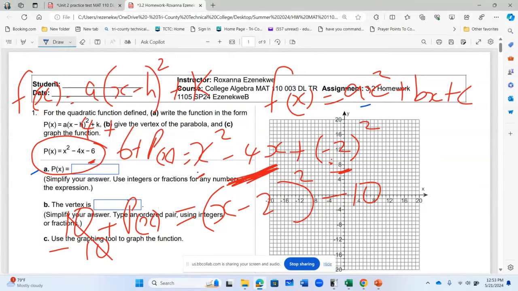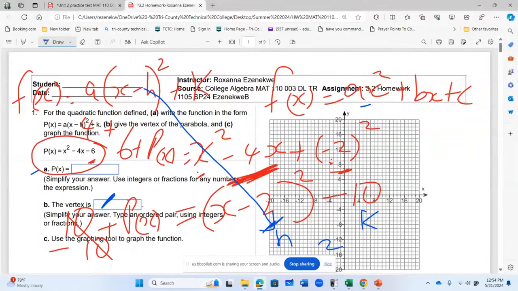And we could be told to find the vertex. We already did find the vertex. For me to find the vertex, I have to look at my h here, and look at the k. Look at the original. That equation has a negative there, so h is 2.